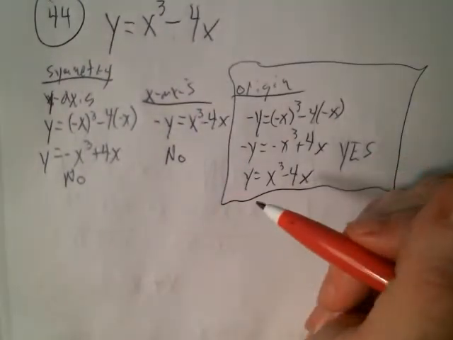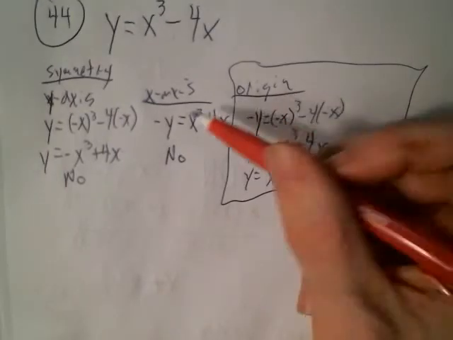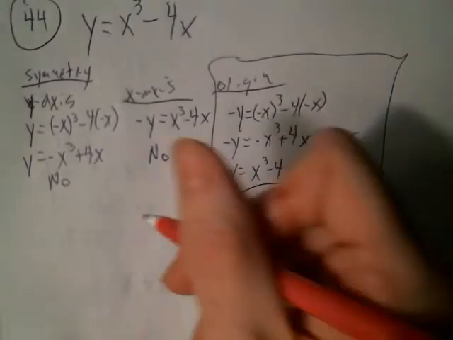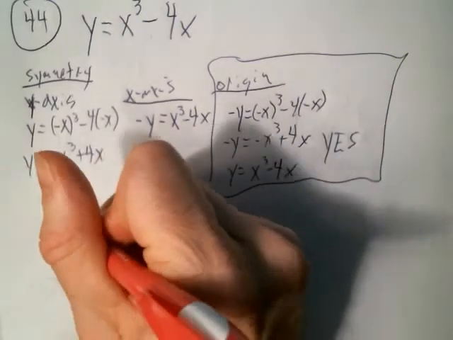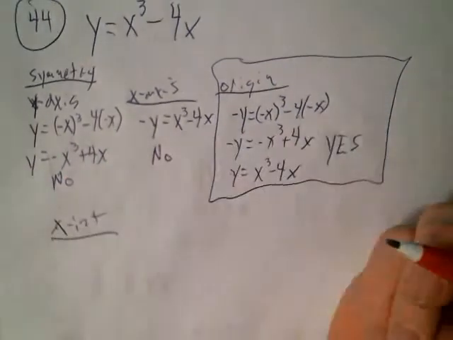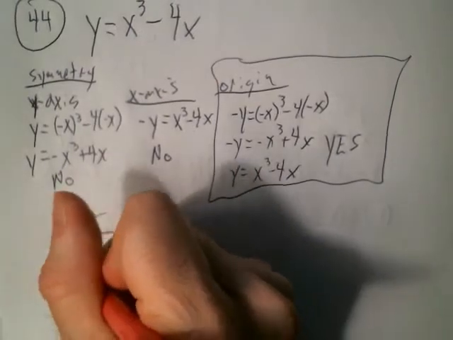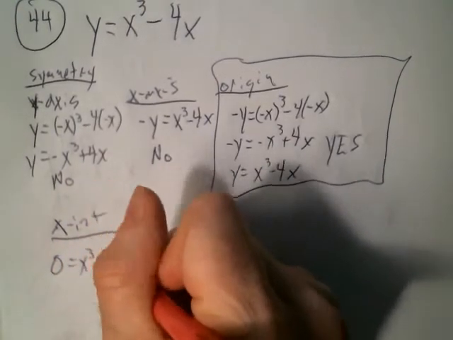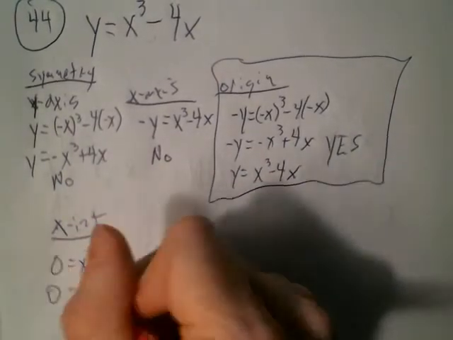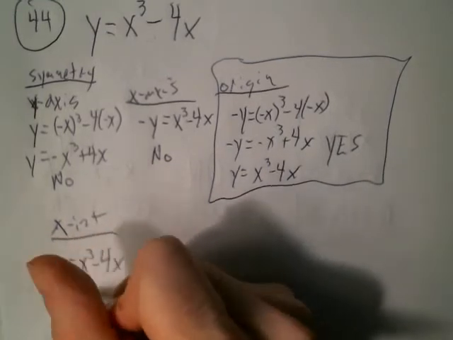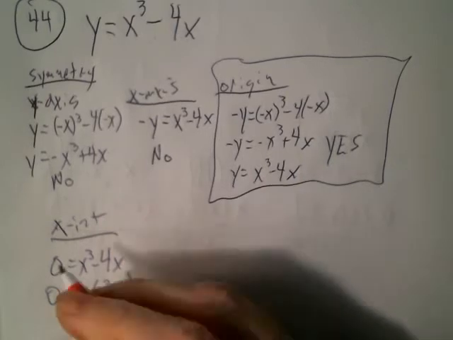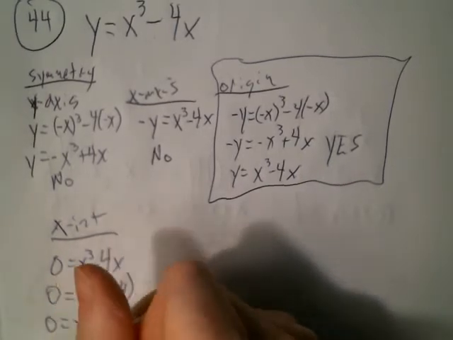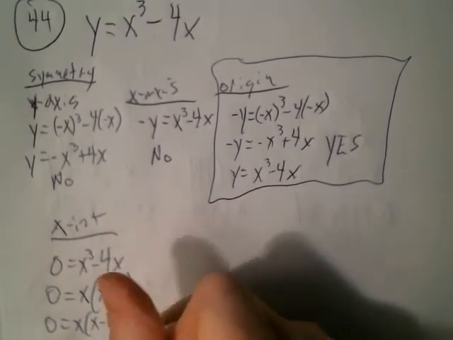Okay, so now I'm going to get my x and y intercepts to tack that down. For the x-intercept, you let y equal 0, so I have 0 equals x cubed minus 4x. Factor out the x, so you get x times (x squared minus 4), which is x times (x minus 2) times (x plus 2).